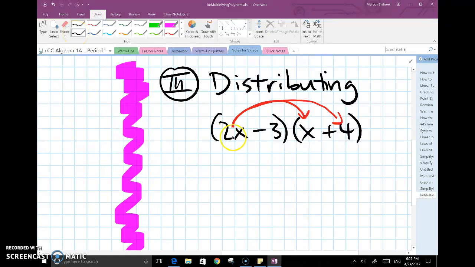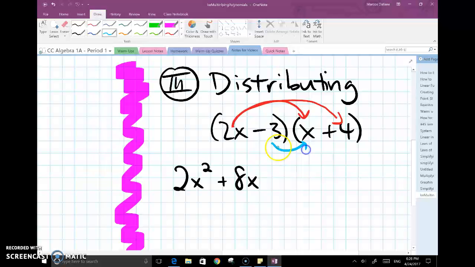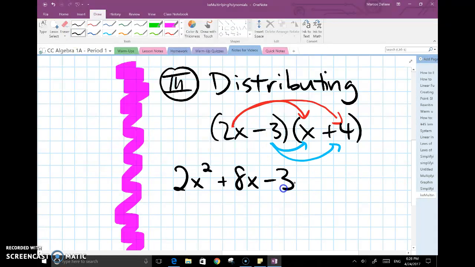So that would be 2x times x, which is 2x to the second power, 2x times 4, which would be 8x, and now the negative 3 has its turn. So this would be negative 3x from negative 3 times x, and then negative 3 times 4 would be a negative 12. The like terms, if you notice, appear in the middle, and so those need to be combined.